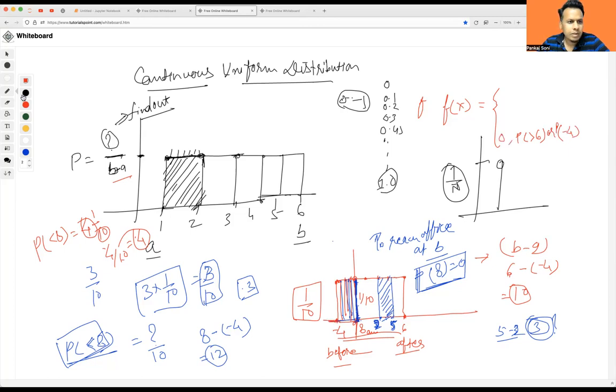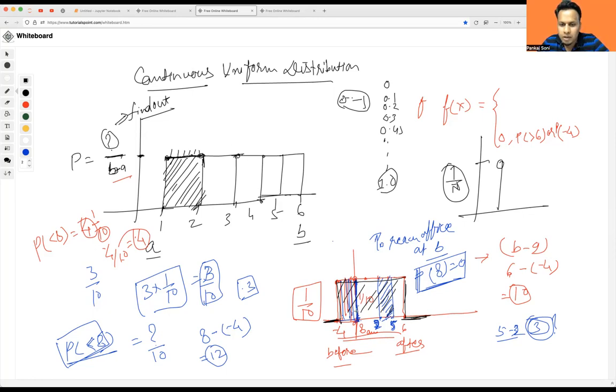We have given the points between -4 to 6, that is your area. Only between this do you need to calculate all the possible probabilities. So before -4 and after 6, your probability will always be 0.